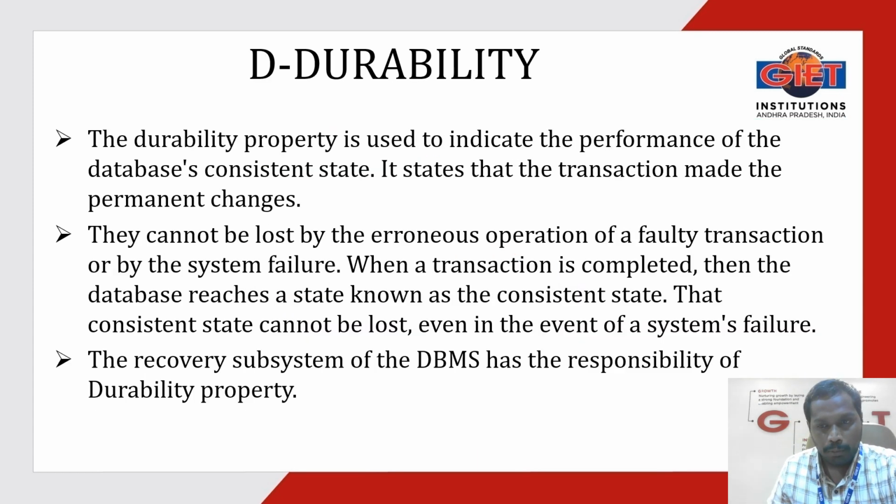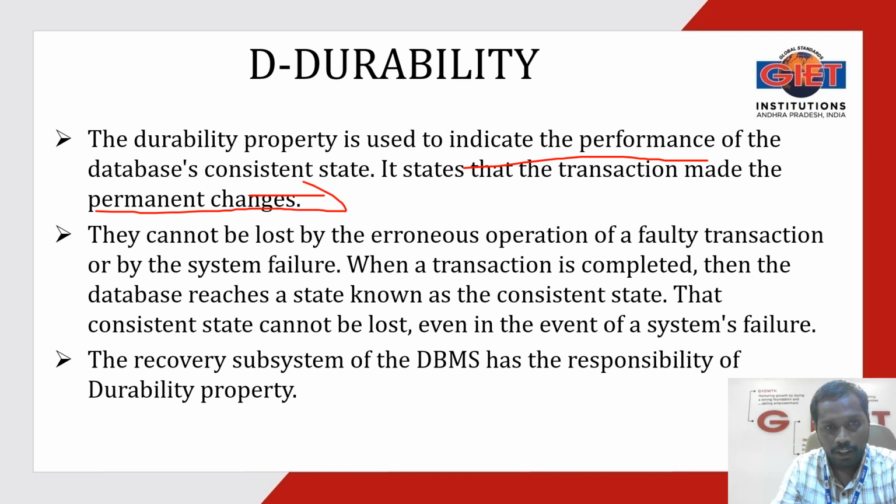So this is the fourth property, that is durability, which is the last property in ACID. The durability property is used to indicate the performance of the database consistent state. It states that the changes made by the transaction are permanently recorded. They cannot be lost by operation errors, software or hardware errors, or system failures, but the data has to be permanently recorded.